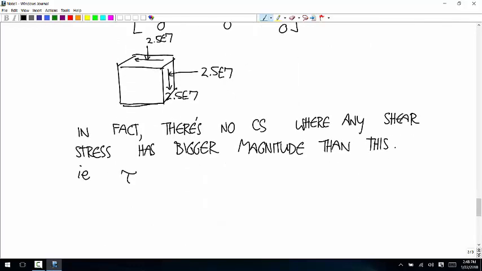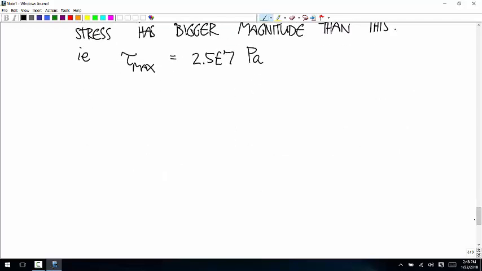In other words, the maximum shear stress at this point is 2.5 times 10 to the 7 pascals. Okay, so in a state of uniaxial compression, that's what we have here. If you choose a coordinate system that's rotated 45 degrees from that, you see the maximum shear stress that occurs at this point. And that's actually a very practically important fact.